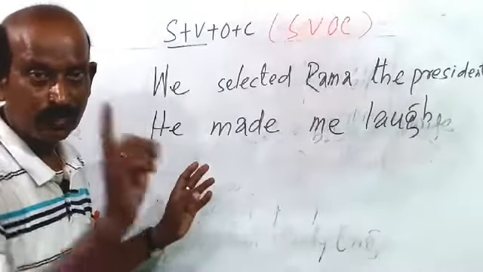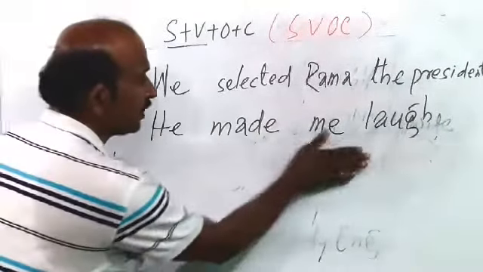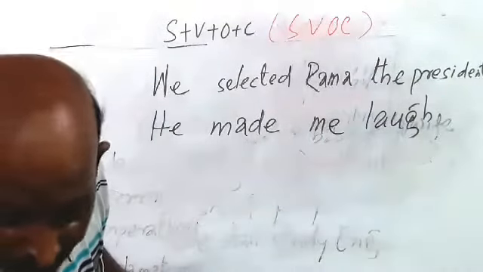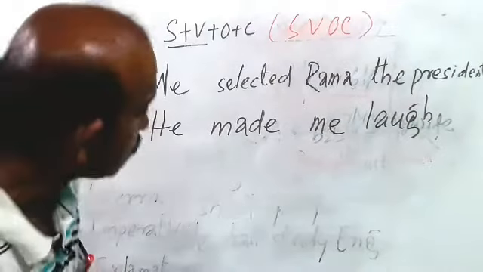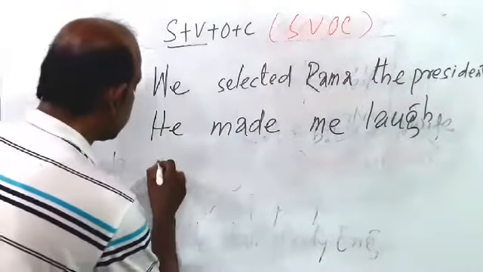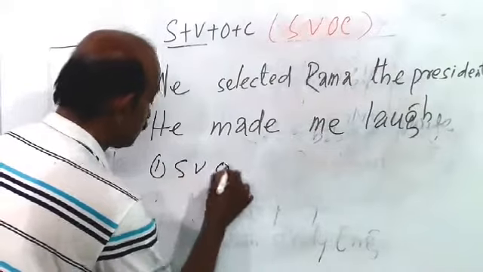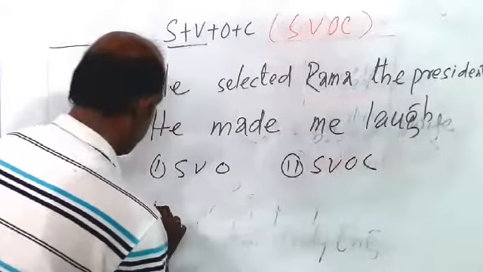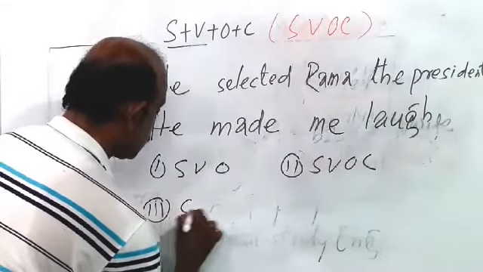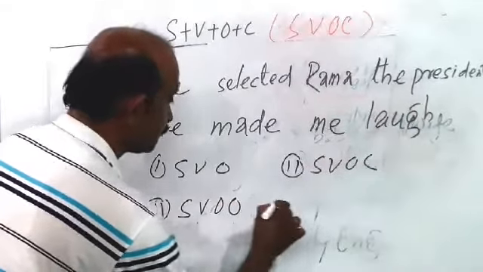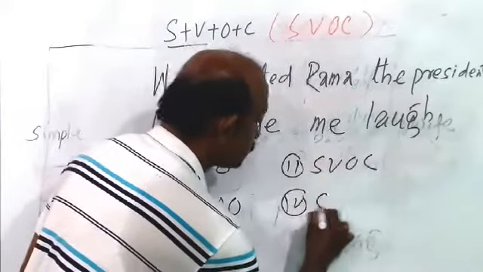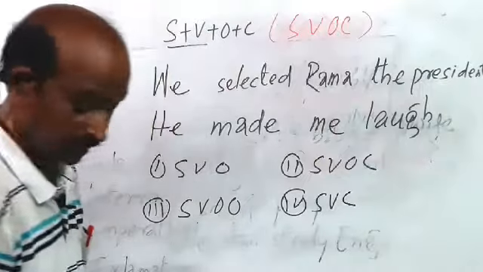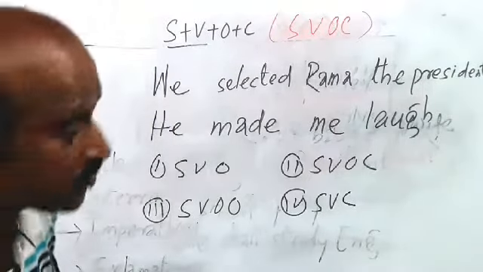In the OMR sheet you can get options like SVOC, SVOO, SVC, and you will have to choose the correct answer from them.